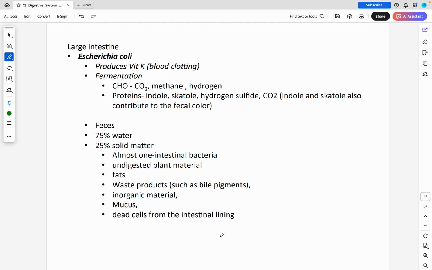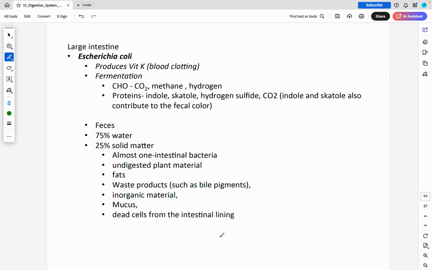So the fecal material, which is released via the anus or the cloaca, is primarily water, 75% water and 25% solid material. It usually contains bacteria and undigested plant material, because in the case of omnivores and carnivores, if they happen to eat plant-based material, it will not be fully digested.